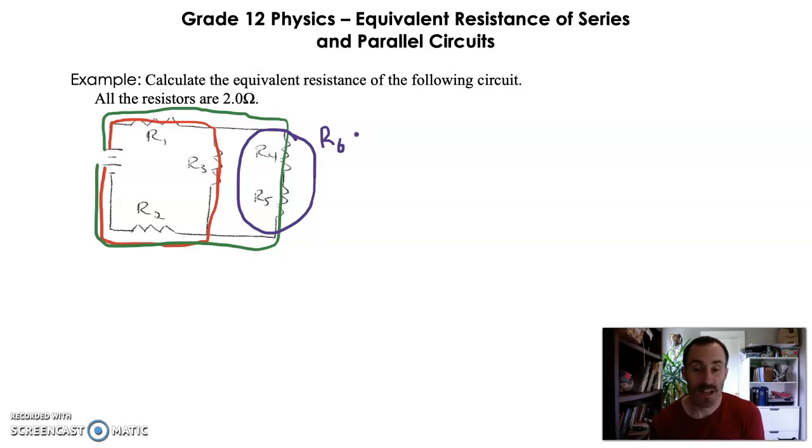And R6 is just R4 plus R5. The question says that all the resistors are 2 ohms, and so that means that 2 plus 2 is just 4. So R6 is 4 ohms.